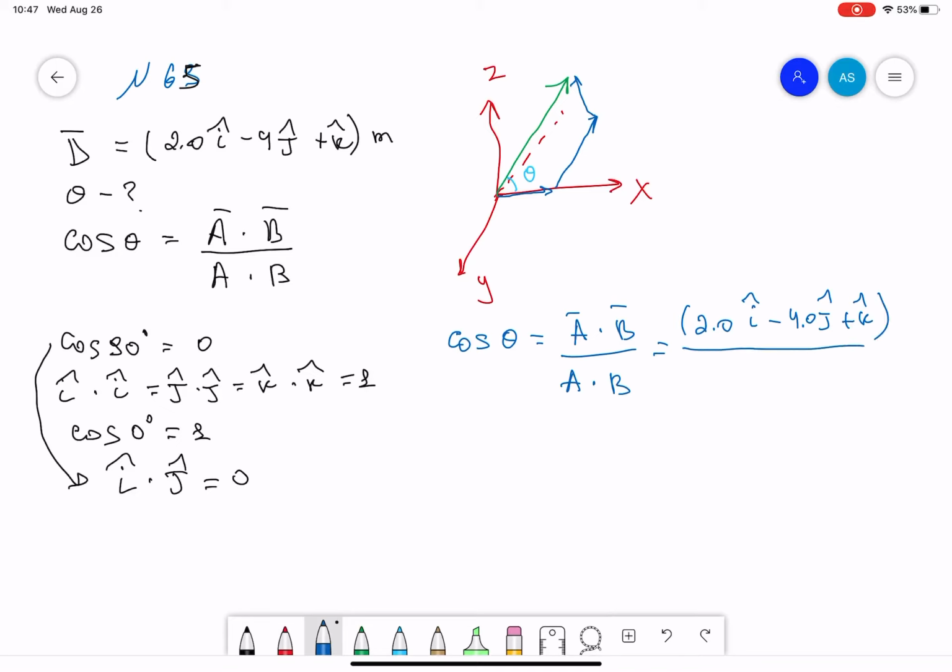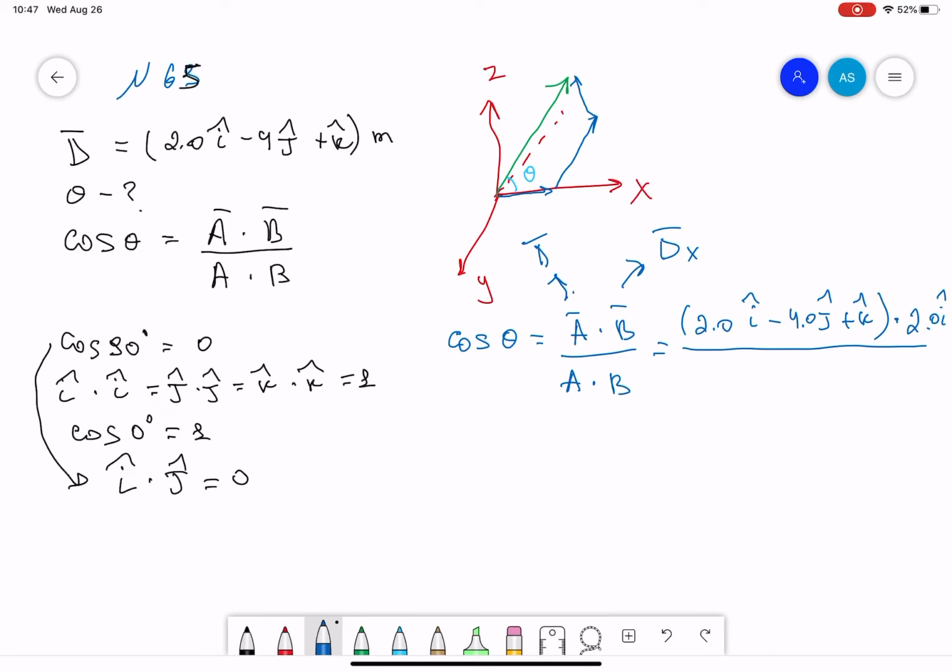The dot partner, b, will be the dx vector, which in our case is just equal to 2i vector.